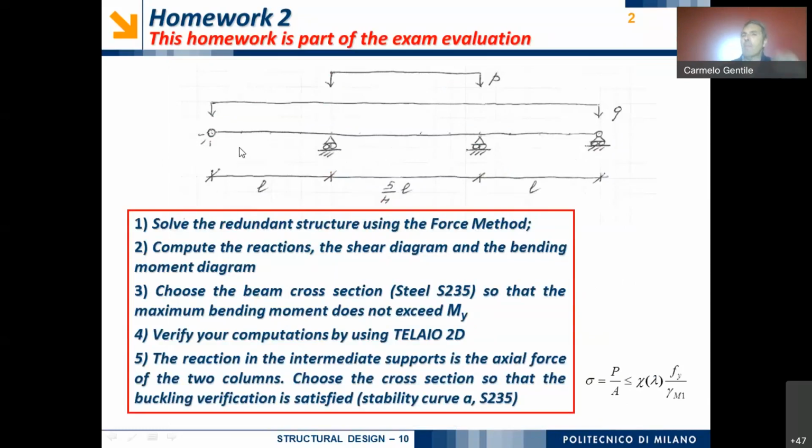Okay, so in this part of the exercise, we are basically assuming that the columns are indefinitely stiff in the axial sense. Okay, of course, this structure is 2 times redundant, and so the first thing I would like to ask you is to solve this redundant structure by using the force method.